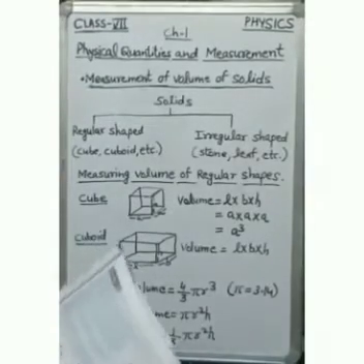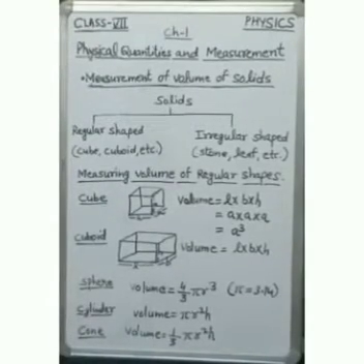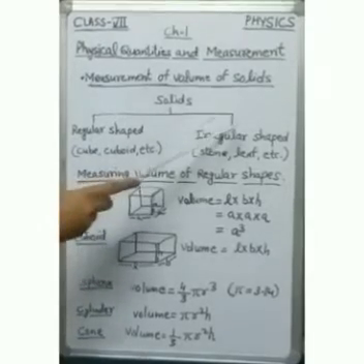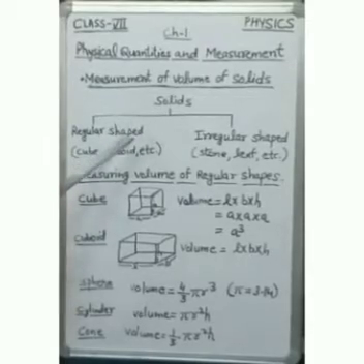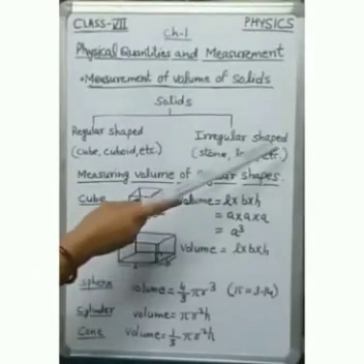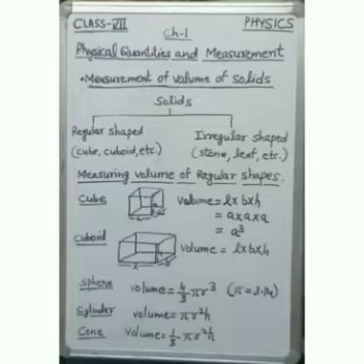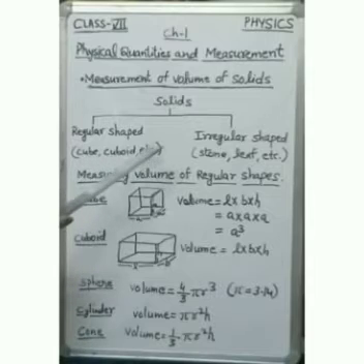Children, solids around us are broadly divided into two categories on the basis of their shape: regular shaped solids and irregular shaped solids. Regular shaped solids are those whose faces have some definite regular shape.